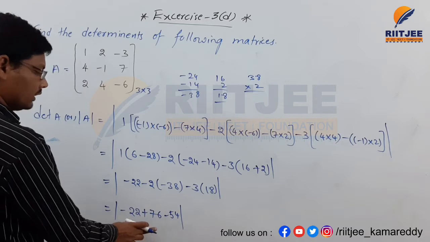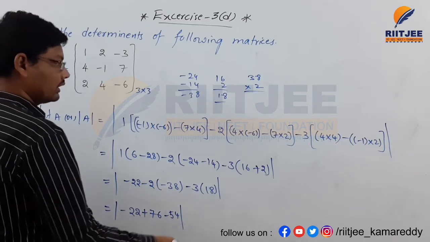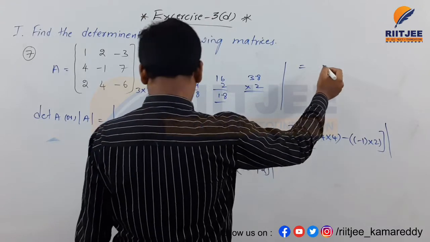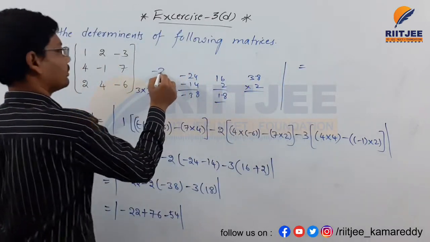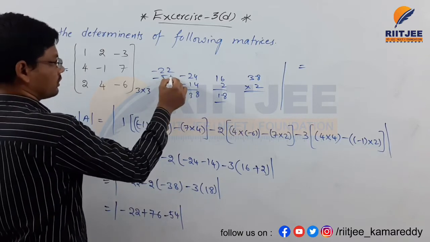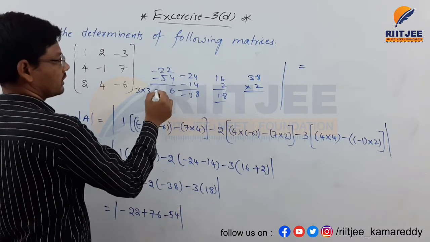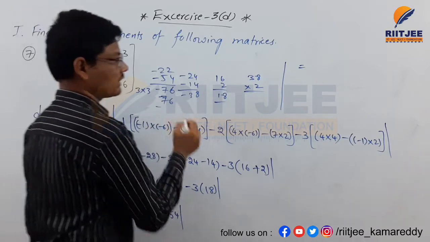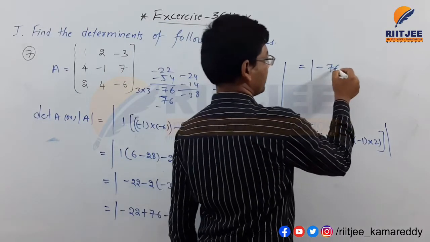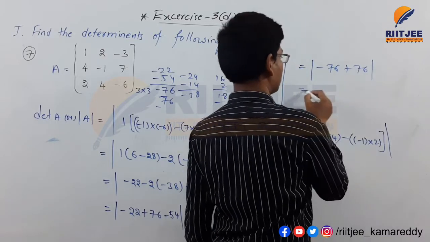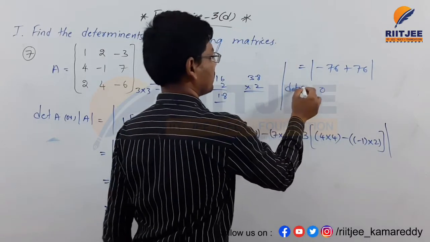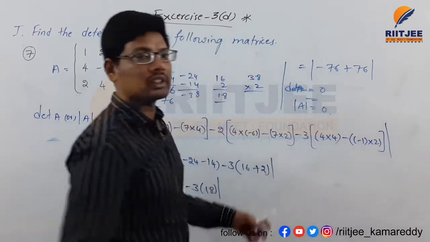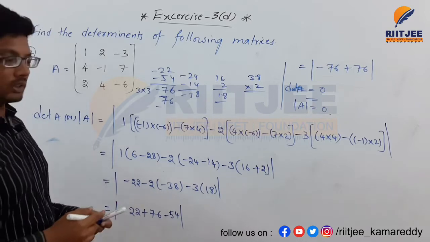Next, here these two numbers are negative, so I am writing the solution here. Minus 22 plus 76 minus 54, that is equal to 0. Modulus of A is equal to 0. This is the final solution for the 7th question.